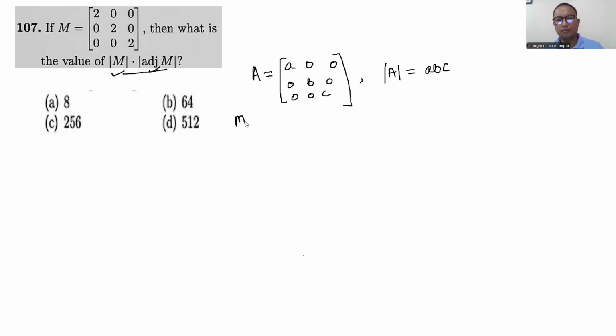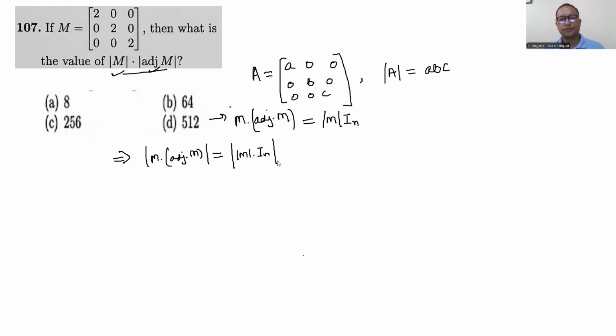We know that M into adjoint of M is the determinant of M times the identity. So we take the determinant of both sides: the determinant of M into adjoint of M equals the determinant of M times the identity.